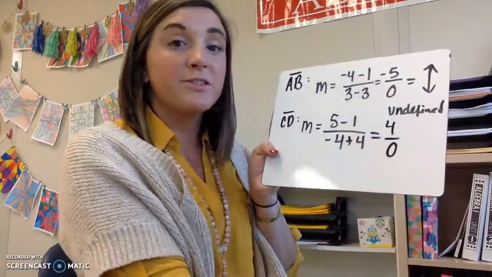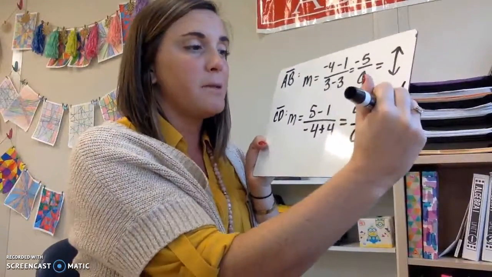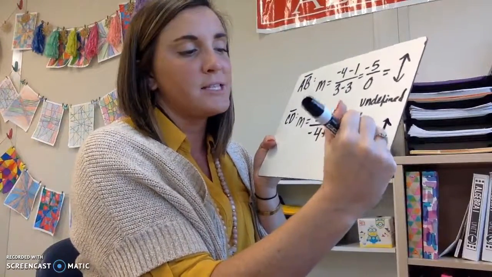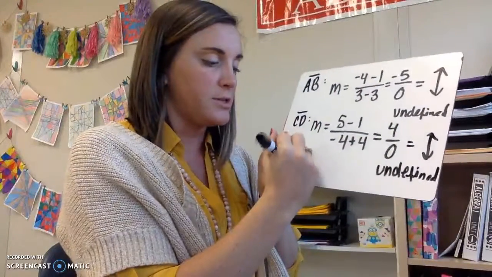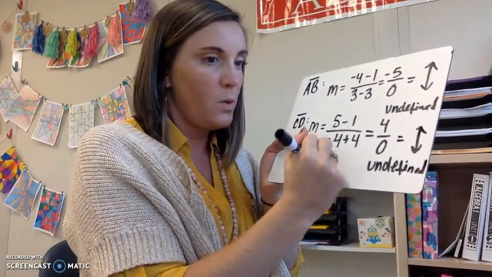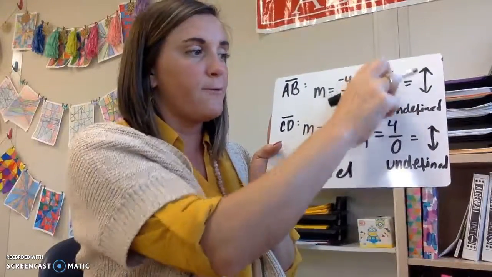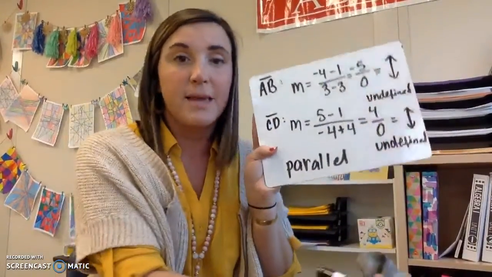Even though those numerators are different, anything divided by 0 comes out to be undefined. So these are going to be two vertical lines spread out on our graph. Those vertical lines are never going to intersect with one another. So these would be parallel. Even though the numerator is different, once you're dividing by 0, they're coming out undefined, giving you that same relationship.